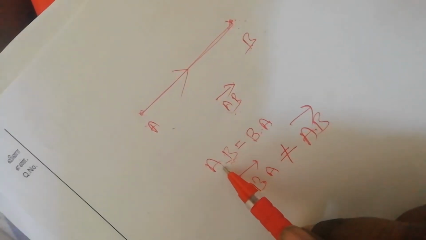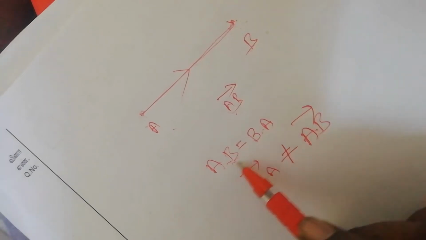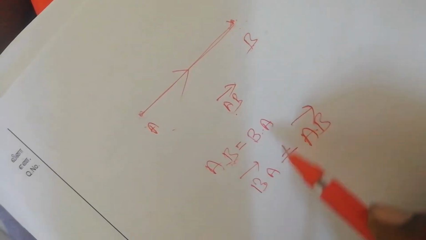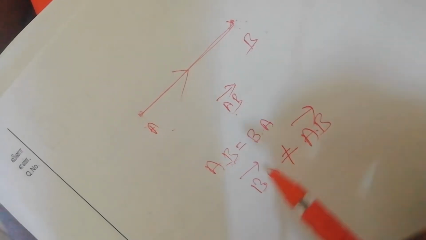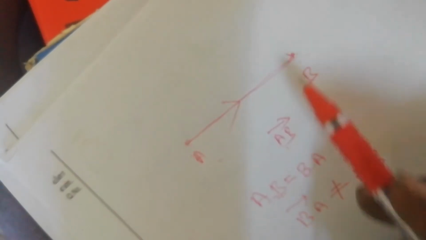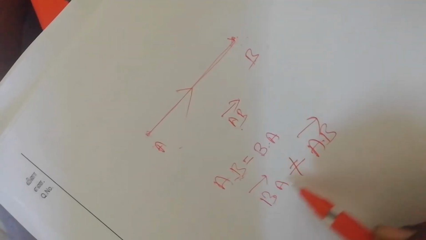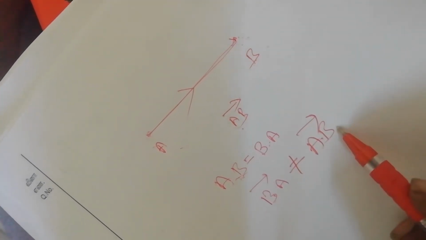In magnitude value, AB and BA are both equal. In vector, they are not equal. AB vector is not equal to BA vector. What is the reason? AB means from A to B, BA means from B to A, so the direction is opposite. That is why BA vector is not equal to AB vector.